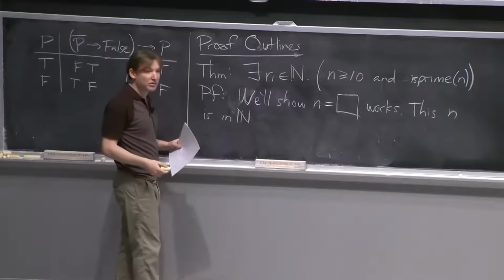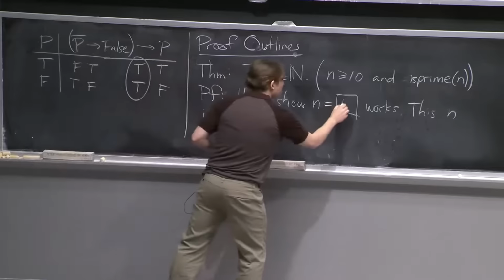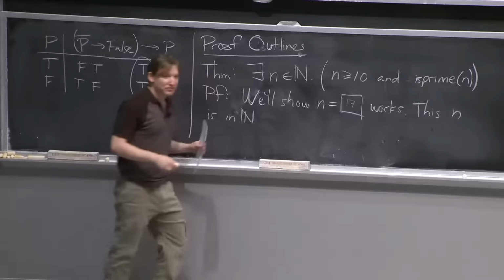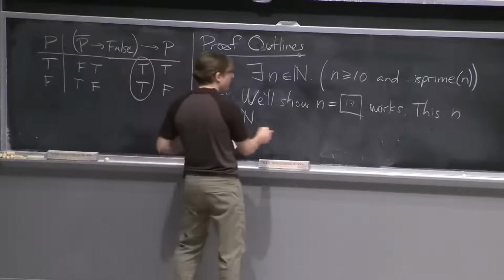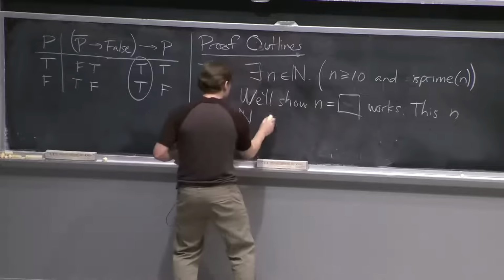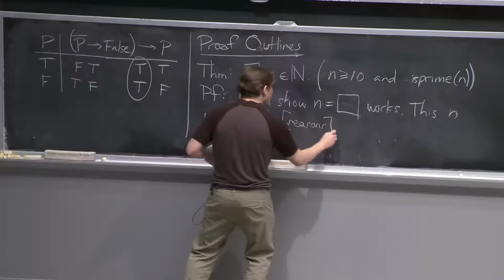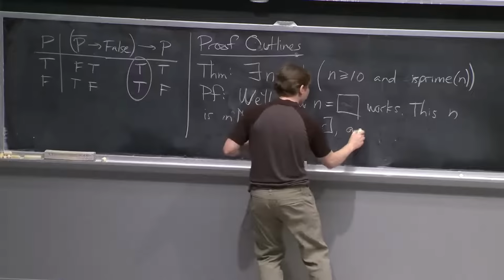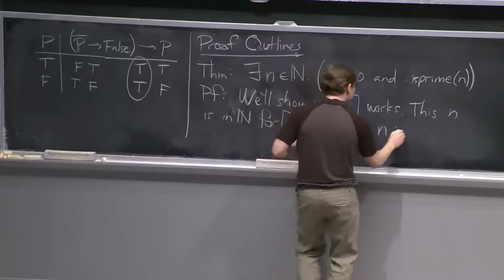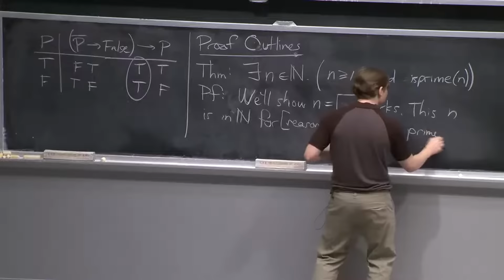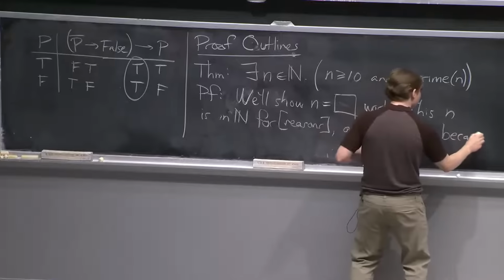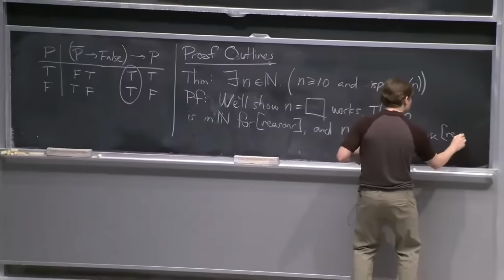It's in the natural numbers. In this case, we're going to secretly be using 17. So it's pretty clear, but in general, it might be less clear, so for reasons. And n is prime because reasons.